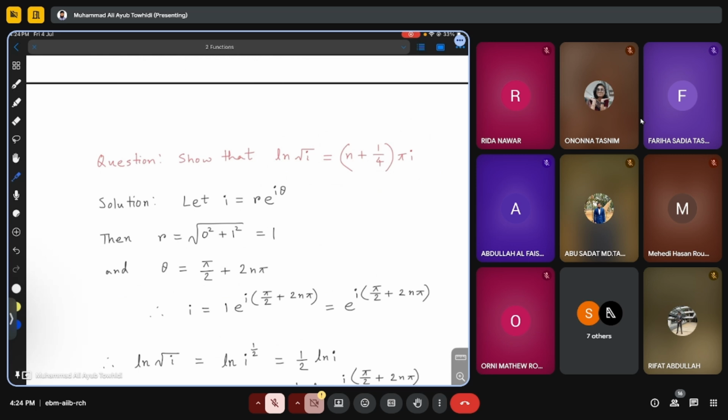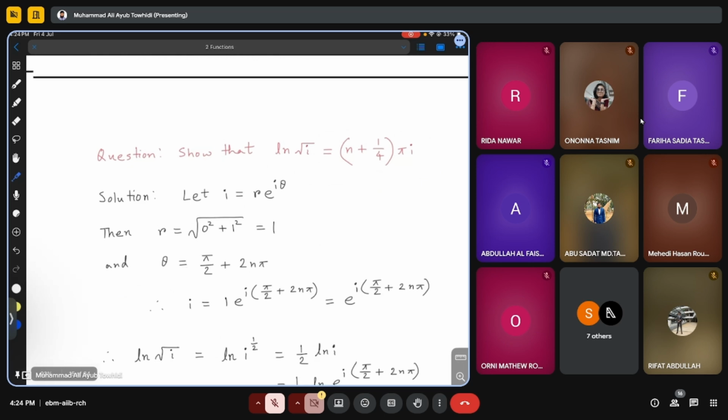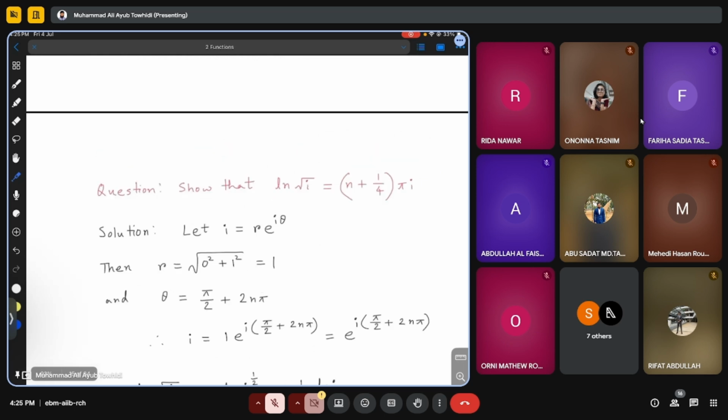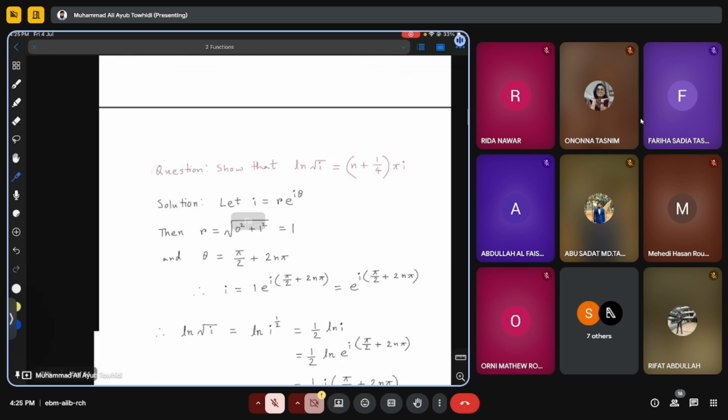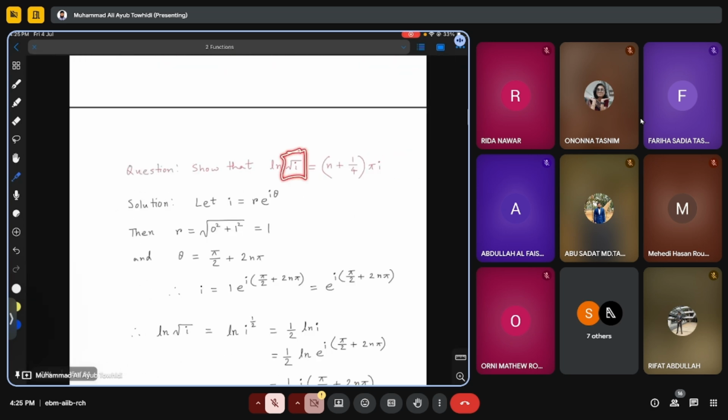So how to prove it? In case of a logarithmic function, in most cases it would be convenient to simply convert the complex number into polar form.